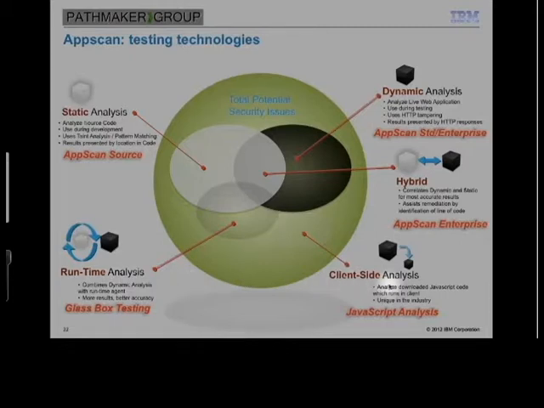We also have a unique capability around client-side analysis, and this is also part of our dynamic solution. While we're running a dynamic scan, and in fact while we're doing simply the crawl phase, the web application is very often sending back dynamic JavaScript.